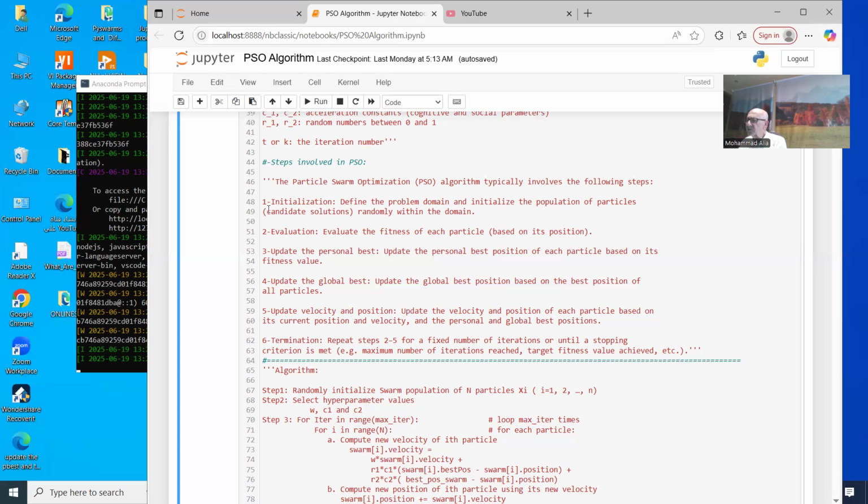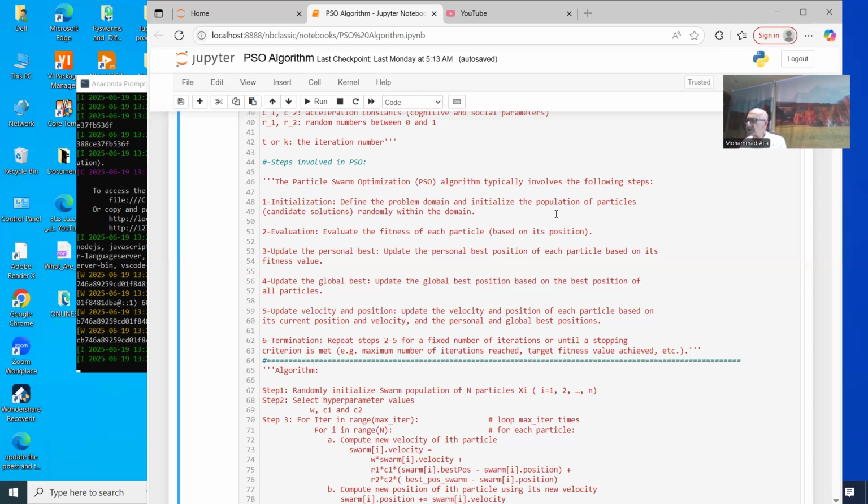First of all, we begin with initialization. This topic was tackled in the previous lecture. Considering the objective function and the domain of its variables, we have to initialize the population of the swarm or the particles.